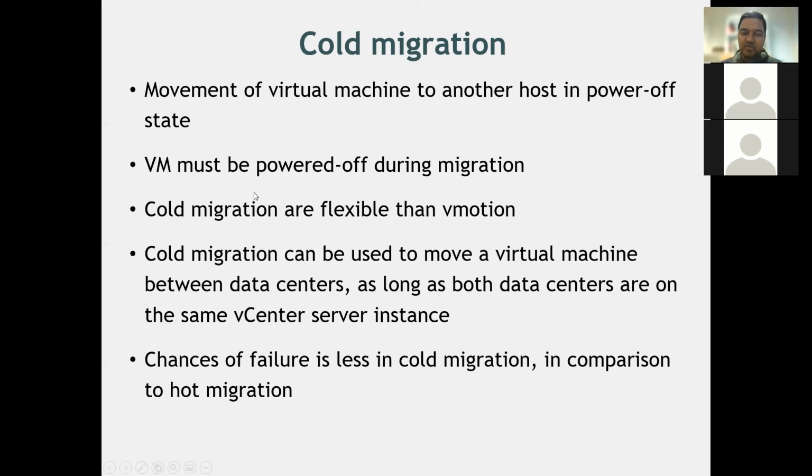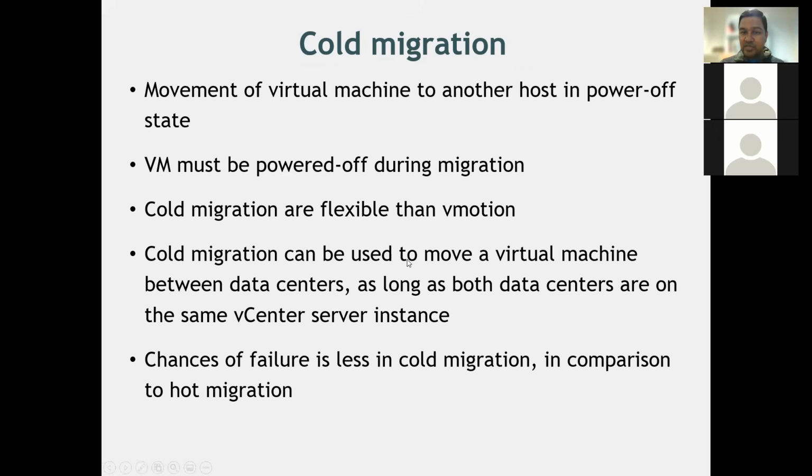In power off state, migration is very stable, and almost no failure happens when we are doing cold migration. But we have to think that when we are switching off and migrating a VM, whatever task it has to be moved to another VM, then there is a time lag.